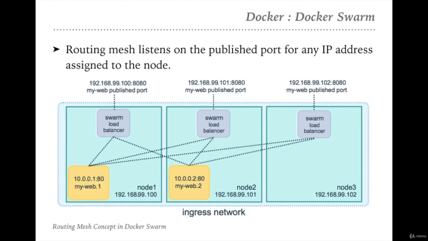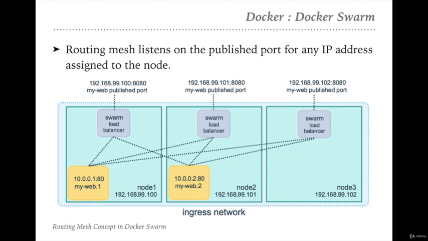So it means in my Docker swarm, I have three nodes. Out of these three nodes, two nodes are running my service and each node is running a particular container for my service, right? Now, if I access my service on any of these three nodes, that particular request will directly land on the Docker Swarm load balancer, and then the load balancer will identify the container where it will route your traffic, right?